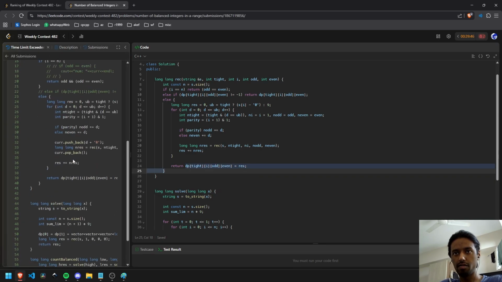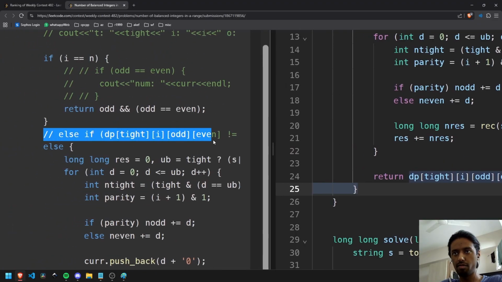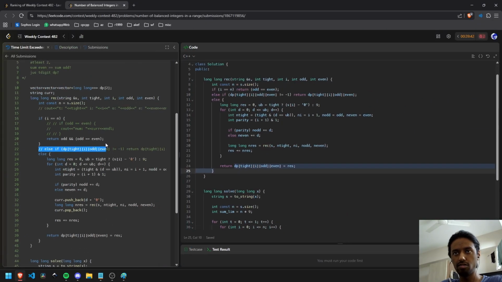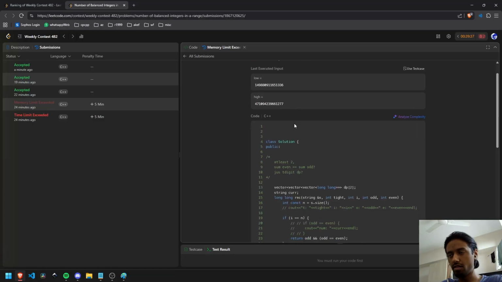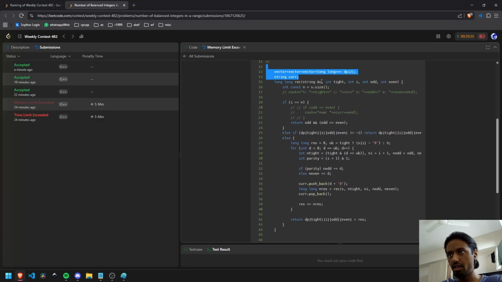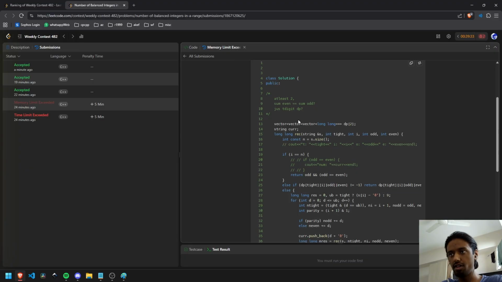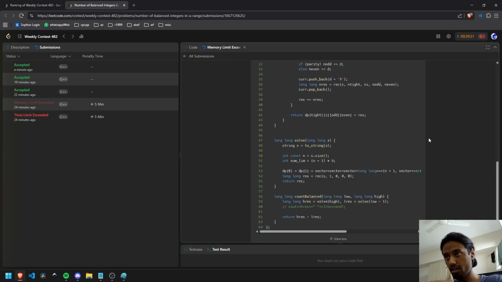Here the mistake I made was forgetting to memoize because I was debugging a silly issue. And the thing I mentioned regarding the matrix: here I was using a vector, and vector is heap memory, which is slow, and you are making the vectors again and again.